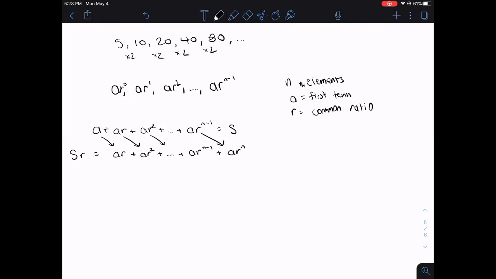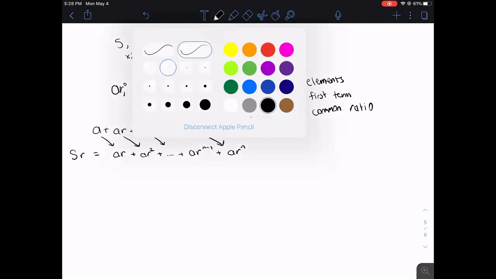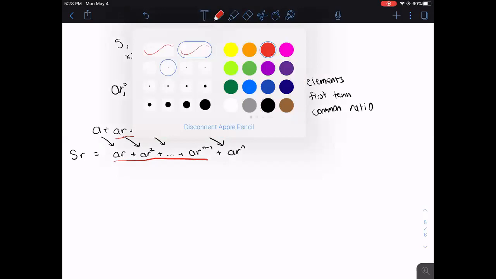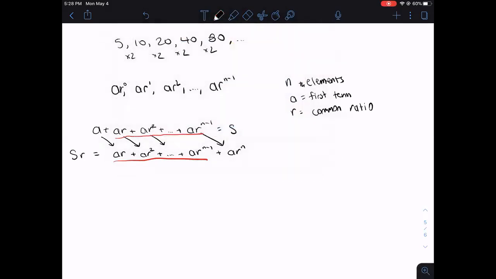Okay, so what do we do now? We notice that these share a lot of terms. Specifically, all of these terms are shared. So let's subtract them to get rid of the terms.